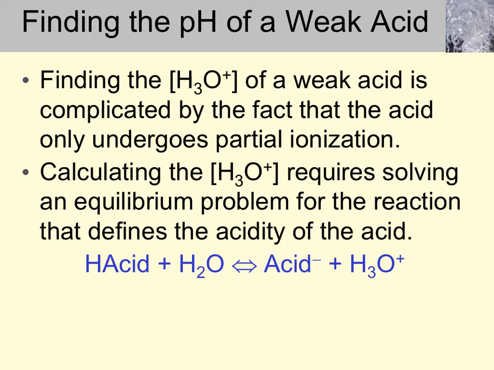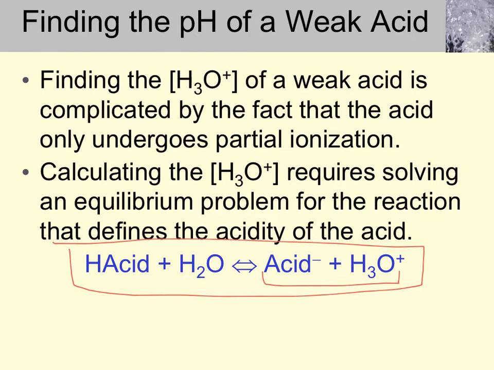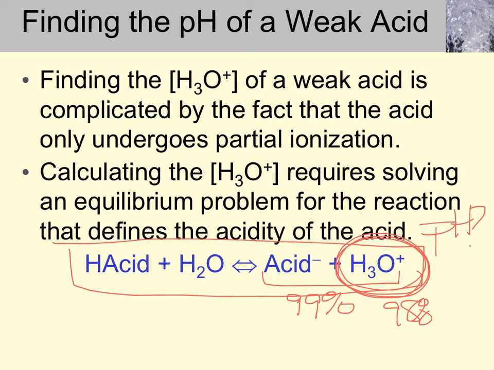If you look at the reaction for a weak acid or base, you don't have 100% of the ions. You don't really even know exactly how much. Maybe around 99%, maybe 98%. But the degree of ionization affects how much hydronium ion you make, and so it gets a lot more complicated trying to calculate pH of these weak acids and bases.